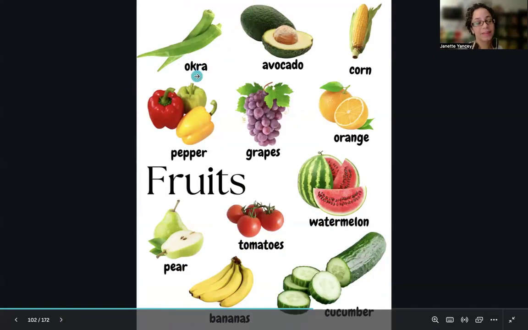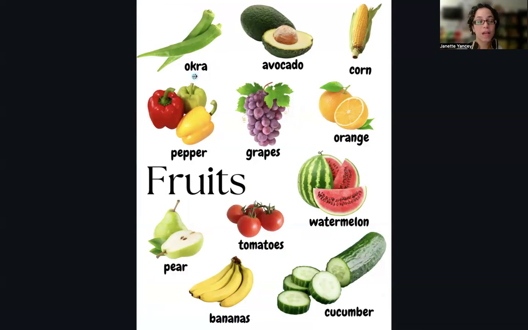Please repeat. Repita. Okra, avocado, corn, pepper, grapes, orange, watermelon, tomatoes, pear.